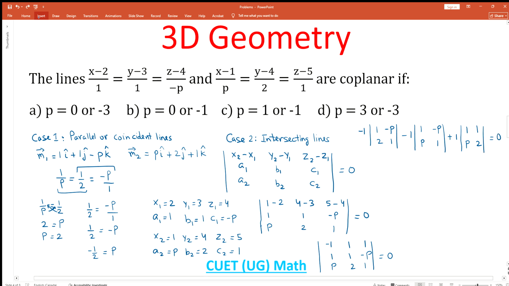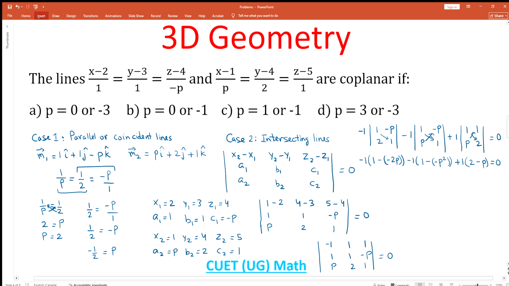Now we can evaluate the 2 by 2 determinants. We start with 1 times 1, which is 1, minus 2 times negative p, which is negative 2p. Then for the next one, 1 times 1 is 1, minus p times negative p, which is negative p squared, plus 1. Then we do 1 times 2, which is 2, minus p times 1, which is p, equals 0.